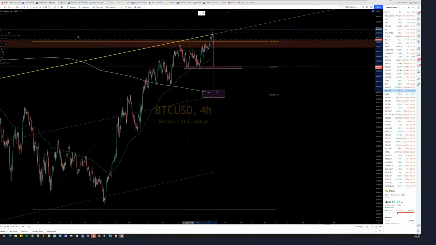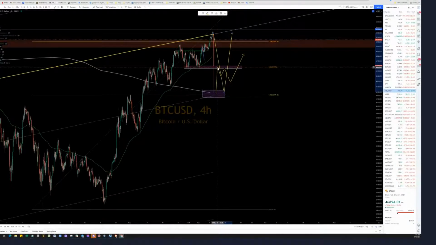Let me just change the color on that. Okay. So we had that bounce, and it's likely to hang around here, maybe go further back down to this level, and then start moving back up. The other possibility is a V shape, just like bang, and that will be excellent. That'll be a real nice move.